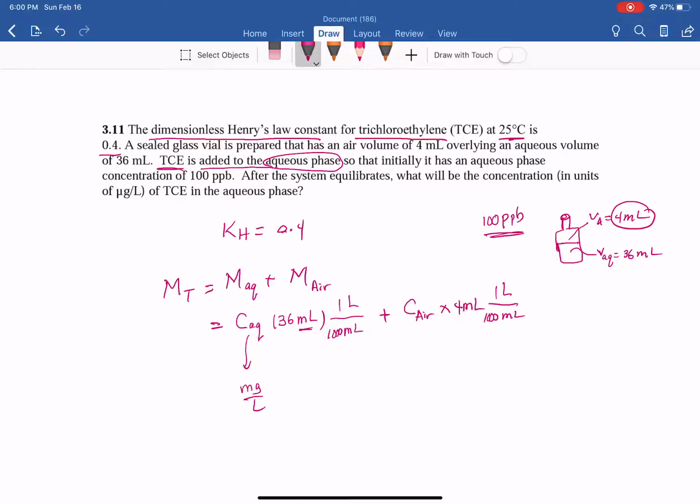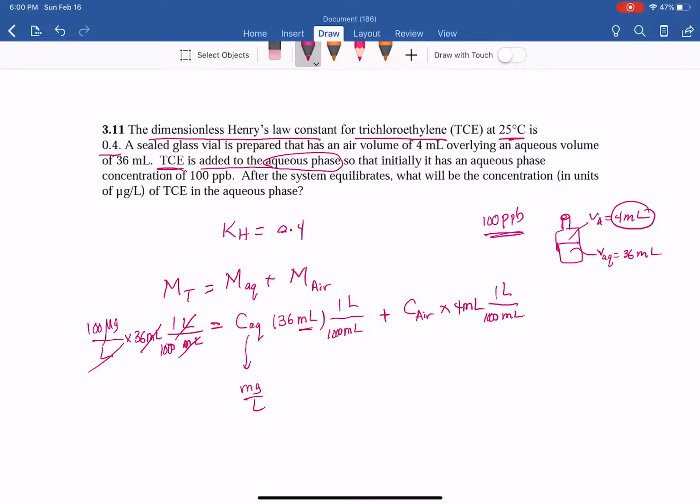So it's 100 micrograms per liter because it's parts per billion. And now times what? We put it in the water, in the aqueous solution, 36 mL. And we could convert this mL to liters in order to cancel out mL with mL, liter with liter. So it's 100 micrograms. Okay, so we are done with this.